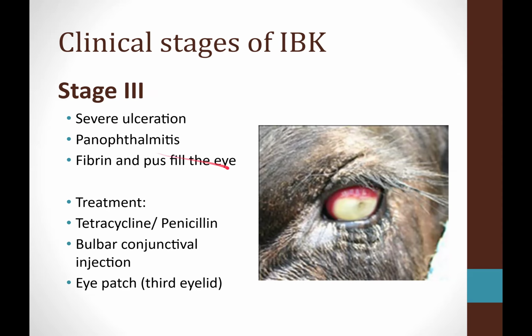The entire eye could be affected. So here we see panophthalmitis, and there is some yellow coloration right there, showing the pus formation, fibrin and pus filling the eye. In this case, we can still provide antibiotic, bulbar conjunctival injection, and an eye patch using the third eyelid.